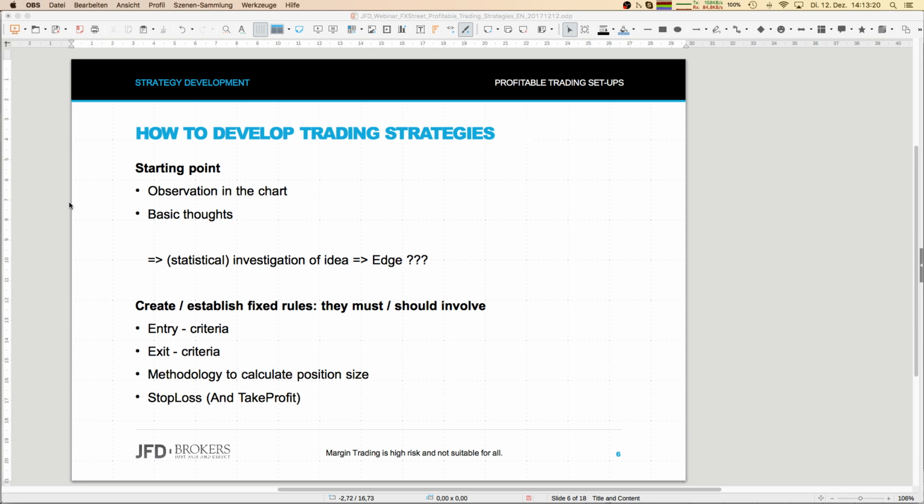And maybe there are 2 possibilities. We get a new signal, or we reach our stop loss, or we might reach our take profit. But all in common is that we need an exit.